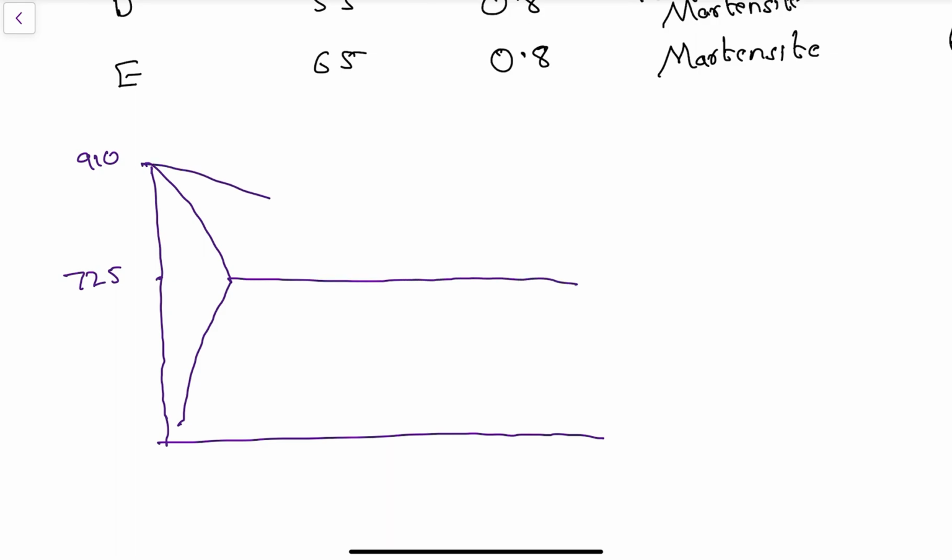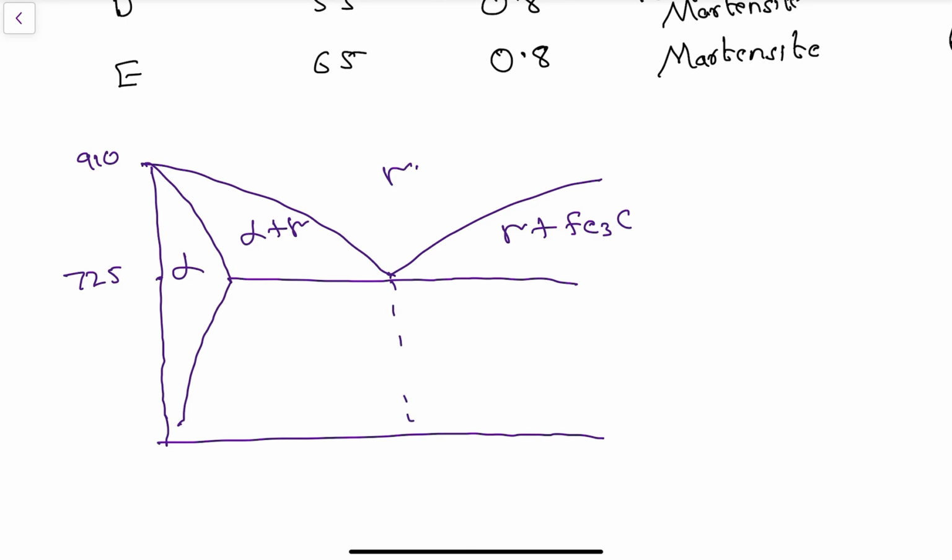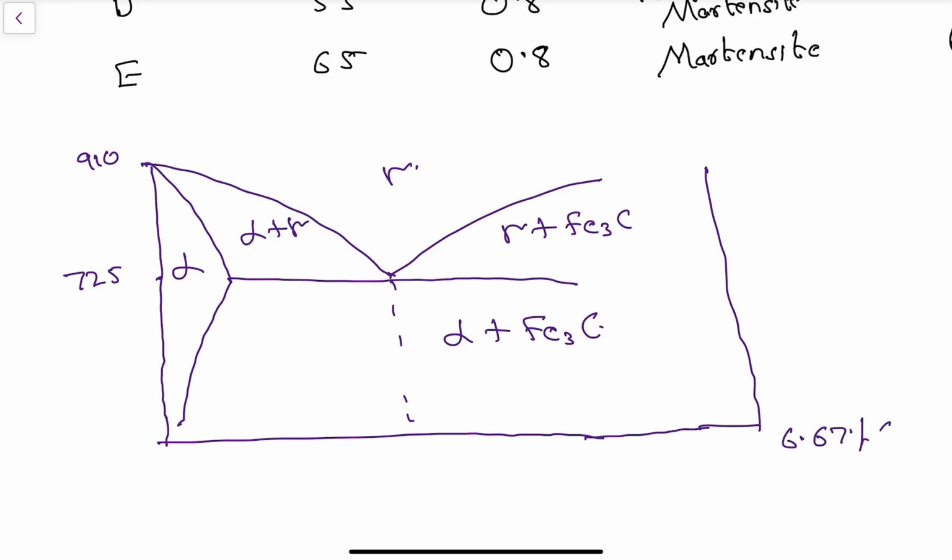Here it is gamma plus Fe3C. This is gamma. This is alpha plus gamma. This is alpha. And here you have alpha plus Fe3C. Here you have 6.67 percentage carbon, or Fe3C, that is cementite.